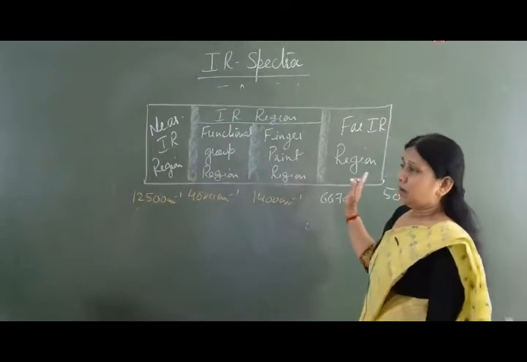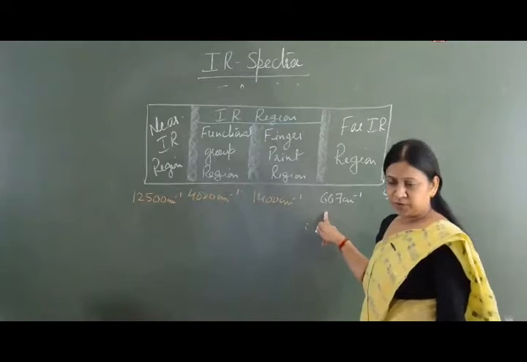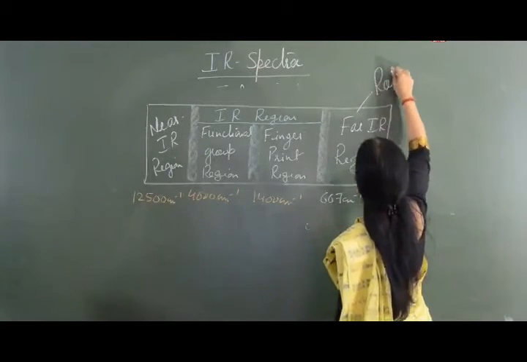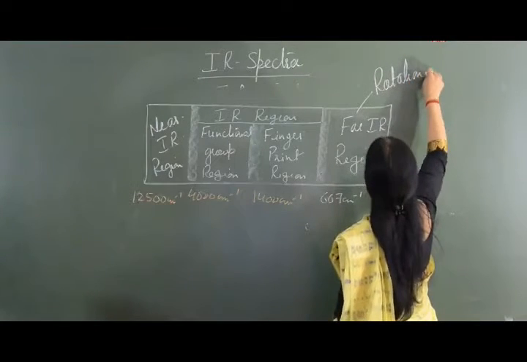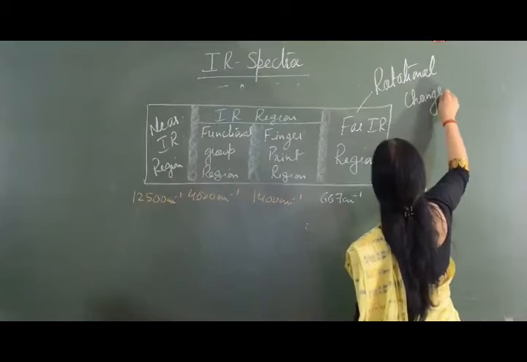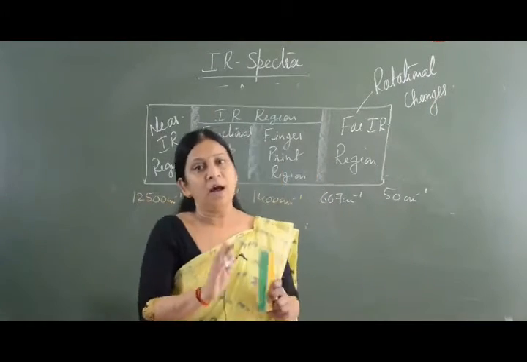Now in case of far IR range, which is from 50 to 667, only rotational changes take place. So the molecule is having only rotational changes. So actually it is not considered in the IR range.